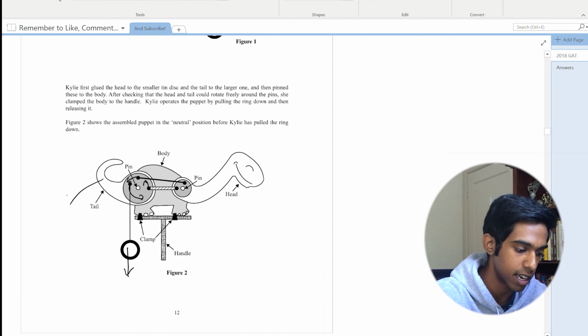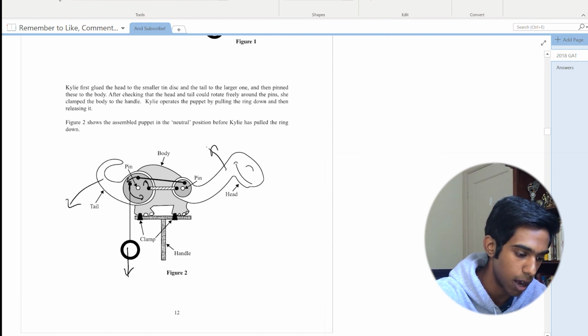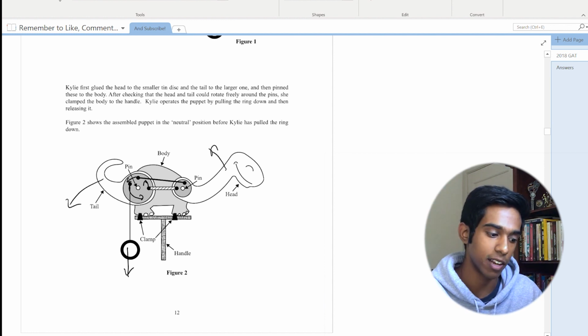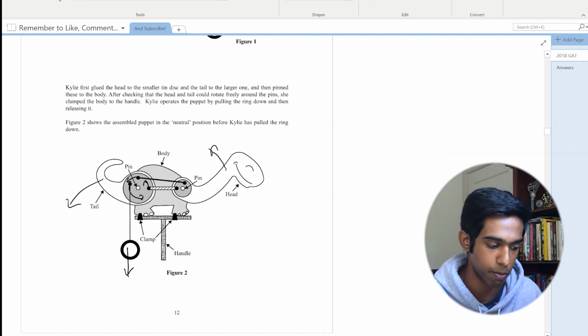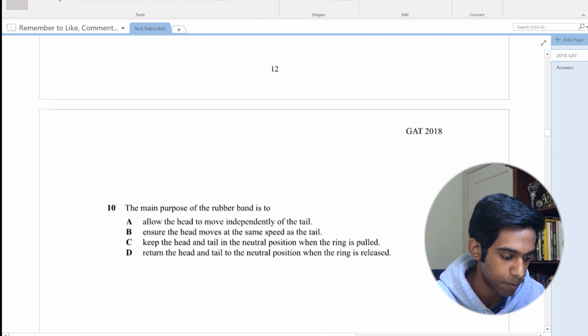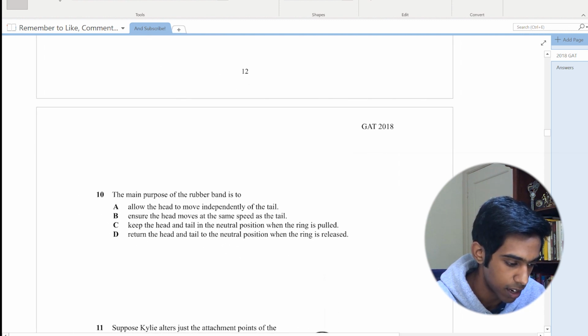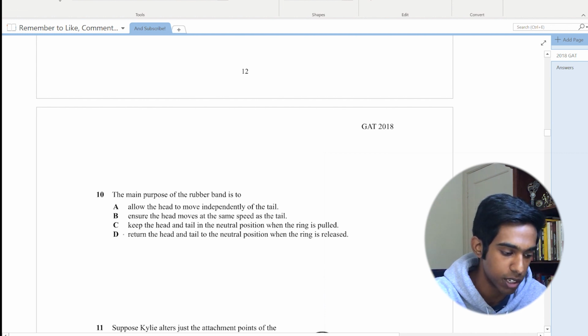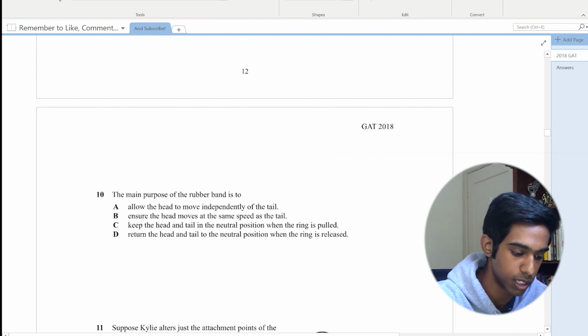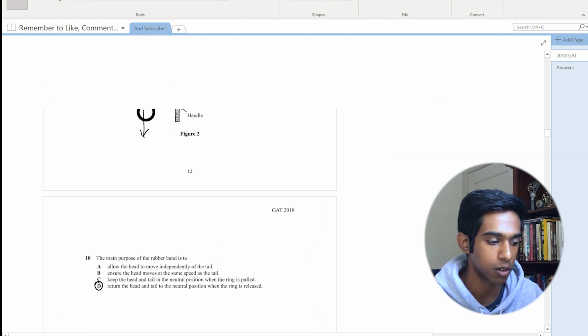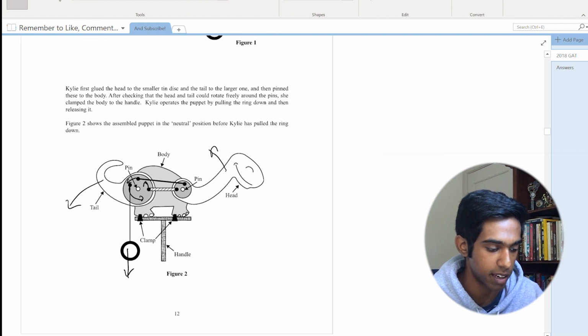So what happens is that the tail will move down, the head will move up, and then this rubber band will move slightly up and it will be stretched. And then once you let go of the ring, it will stretch back. So the rubber band will return the head and tail to the neutral position when the ring is released. Because when you pull the ring down, it stretches the rubber band out, but once you let go of it, it will bring it back.